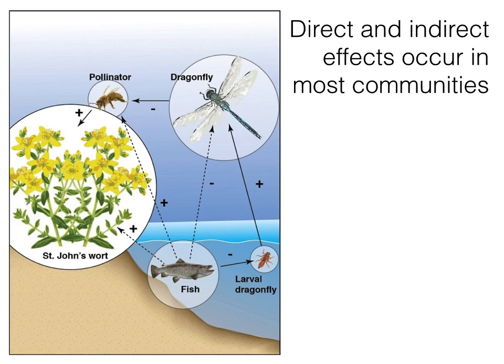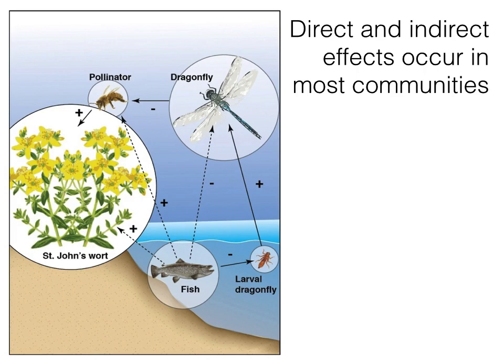And so let's take a look at how this can happen. A fascinating study conducted near Gainesville in Florida by Knight and others demonstrated the degree to which direct and indirect effects among species in ecological communities can have important impacts on the overall trophic structure of those communities.